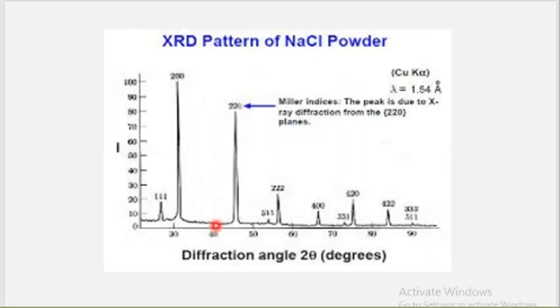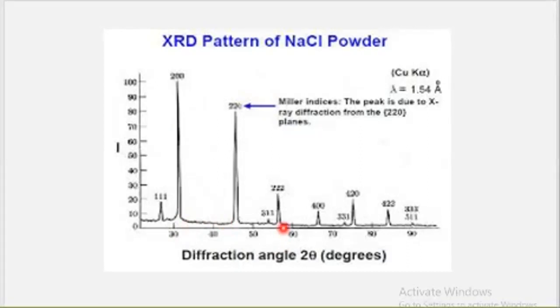There are some specific angles where we get a high intensity peak, and there is a range of angles where we are getting a very low intensity value.